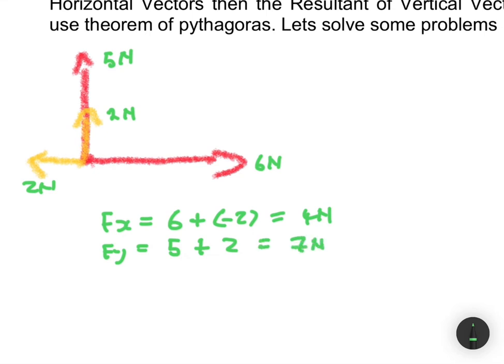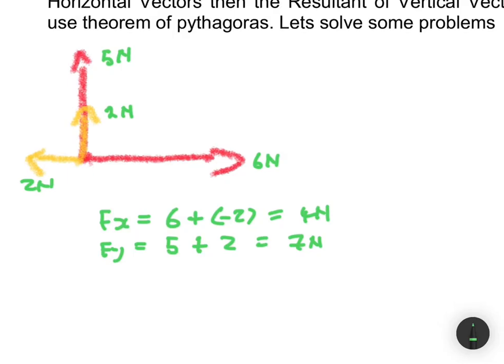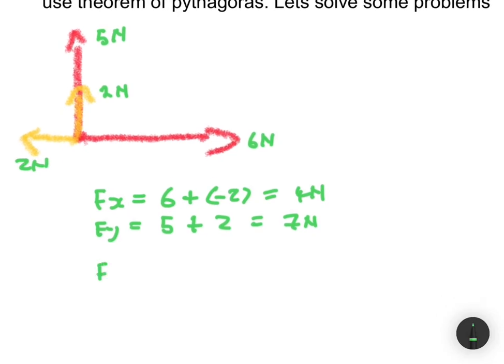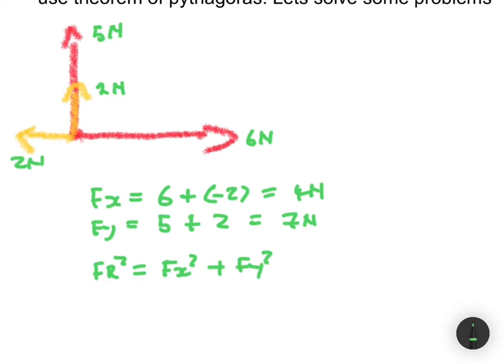So if we want to find the overall resultant force, we're going to have Fr squared being equal to Fx squared plus Fy squared. So Fr squared will be equal to the resultant along the x, which is 4 newtons, right?